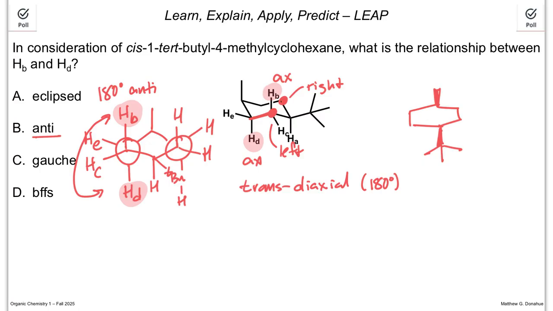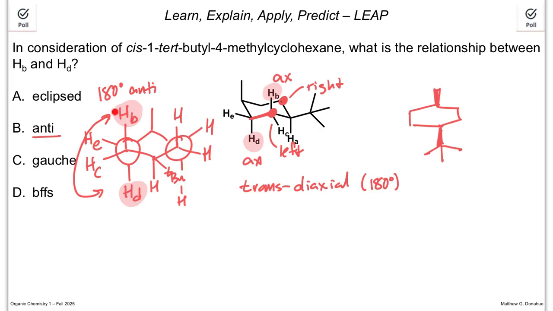Yeah. How would you know which angle you're looking at it from? You can start from either one of these. So as we start from HB, we need to look along the carbon-carbon sigma bond axis in the Newman projection.